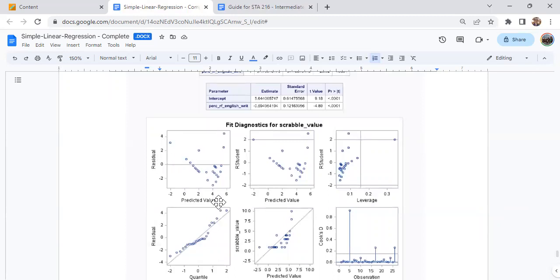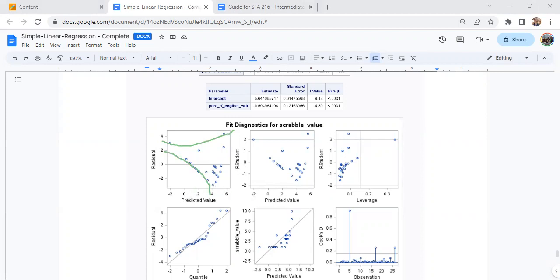It's fanning outwards. What this means is that for bigger predicted values, our model has worse predictions. The implicit assumption is that your model's performing the same, regardless of what value it's predicting.